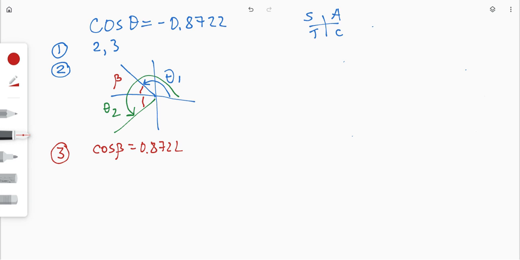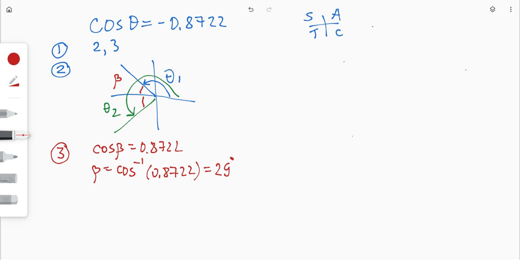This equation allows you to find beta using arccosine of the ratio 0.8722, which is 29 degrees. Remember, we always round to nearest degree.